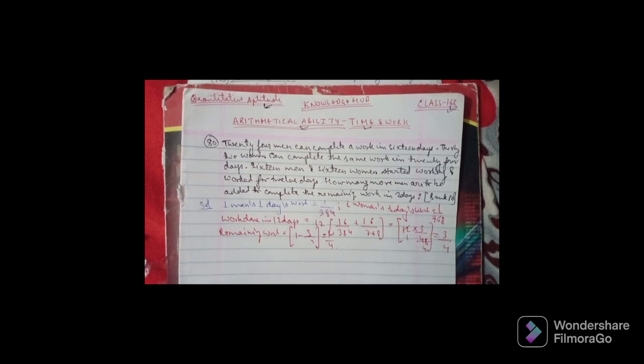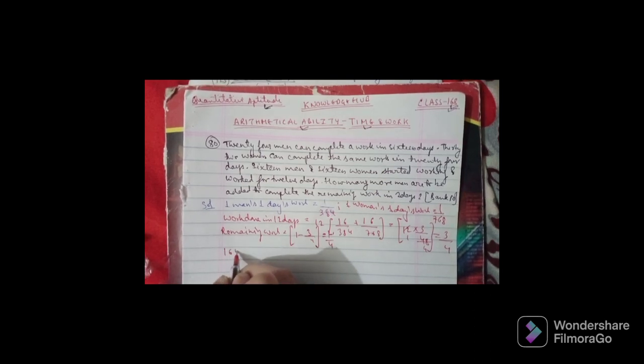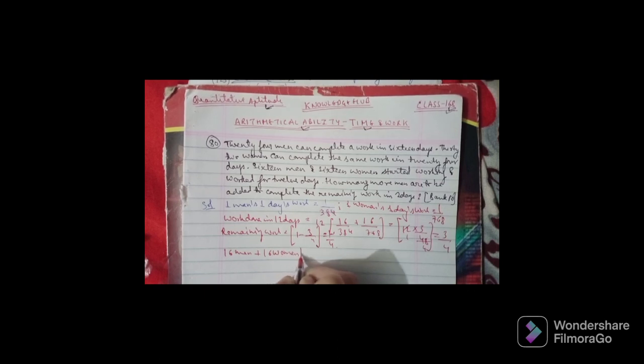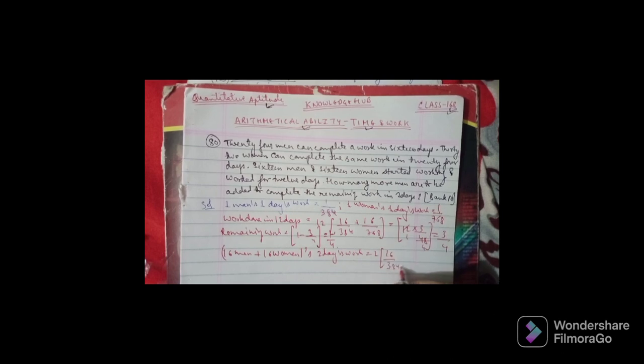Now further we go here. 16 men plus 16 women, 2 days' work equals 2 into (16 upon 384 plus 16 upon 768), which equals 2 into 1 upon 16. 2 ones are 2, 2 eights are 16.